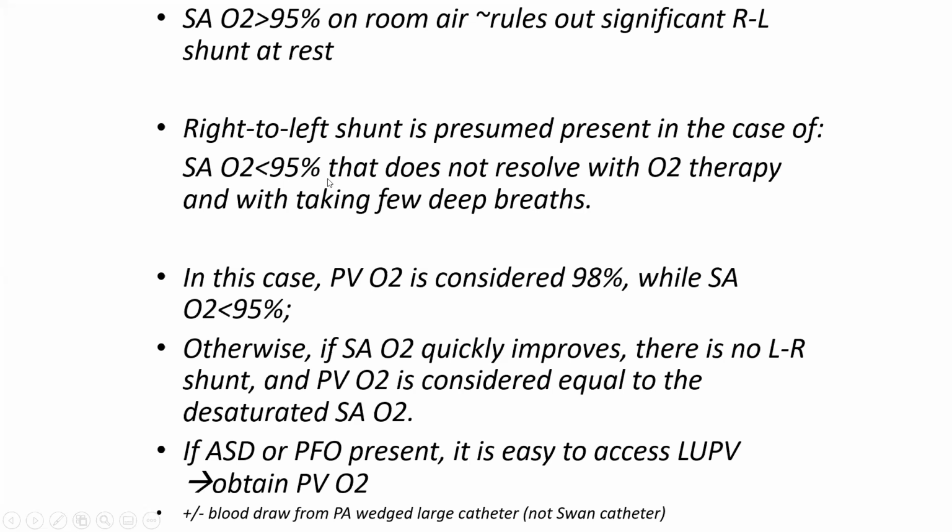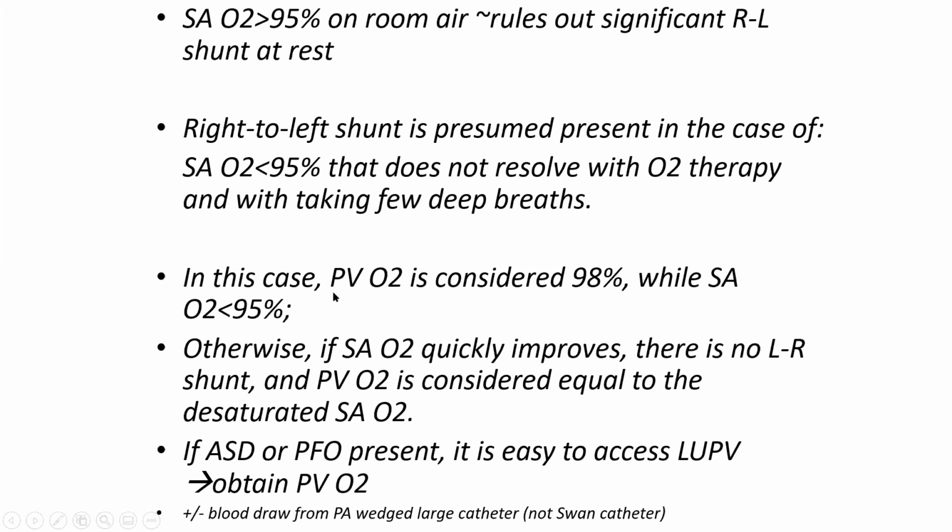If that oxygen sat goes up quickly, then you know that this oxygenation is low for other reasons. And in this case, you don't consider there is a shunt, and you consider that the pulmonary venous O2 is equal to that low O2 sat. Like we consider both of them 92%, for example, which is the same as his arterial sat.